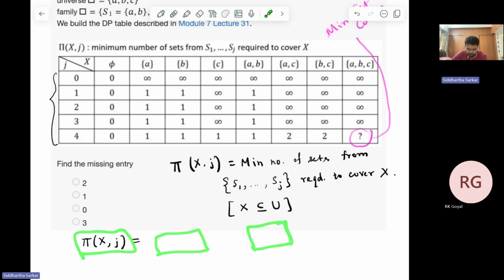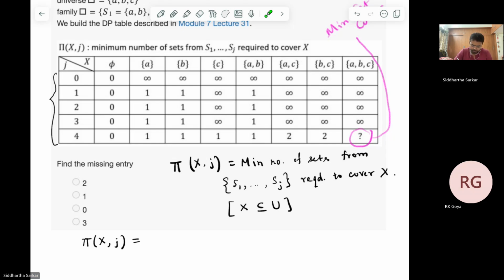We are interested in obtaining these entries, so which entries in the table should we look up to calculate this entry? First thing is how to break X, or how to break j, whichever way.